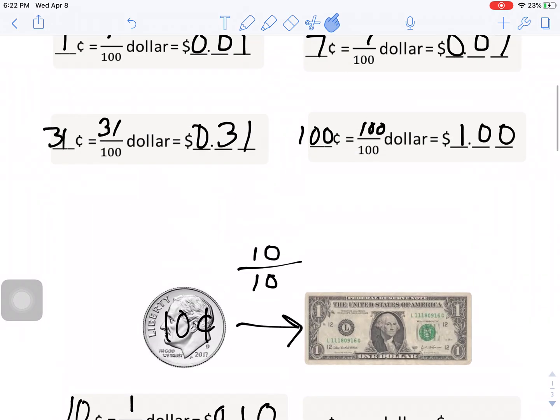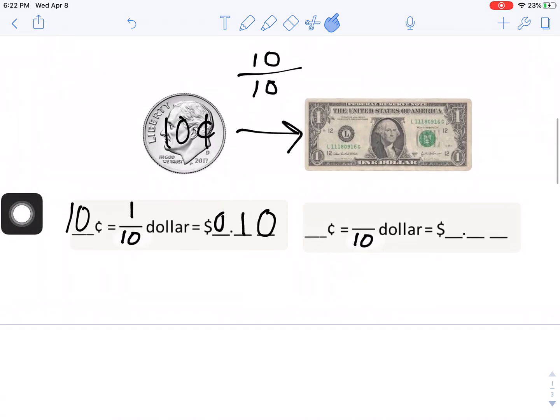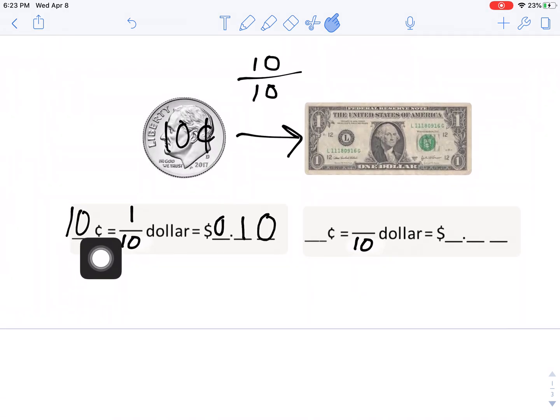Remember I said up here that oftentimes when we write money, we write our wholes and then dimes and pennies, so we can see how much of each coin we would take. So 10 cents is 1/10 of a dollar, because it would be 1 out of the 10 dimes I would need to make the dollar, or it could be written as a decimal.